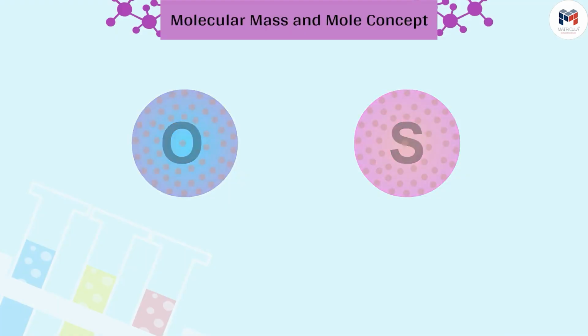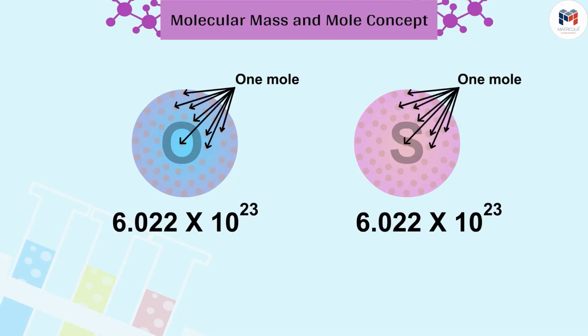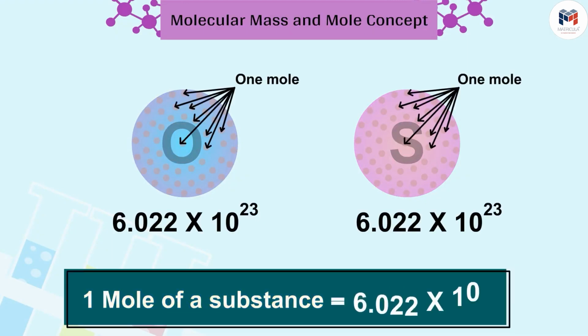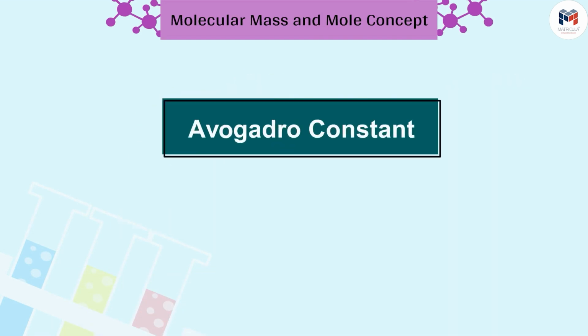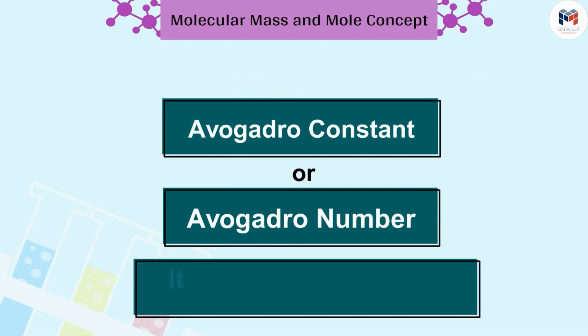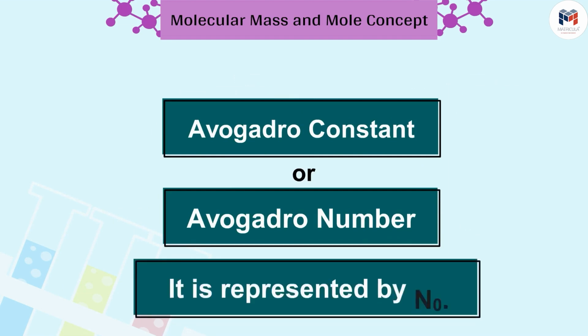The number of particles in a mole of a substance is fixed, whose value is 6.022 into 10 raised to 23. It is called Avogadro constant or Avogadro number. It is represented by N0.